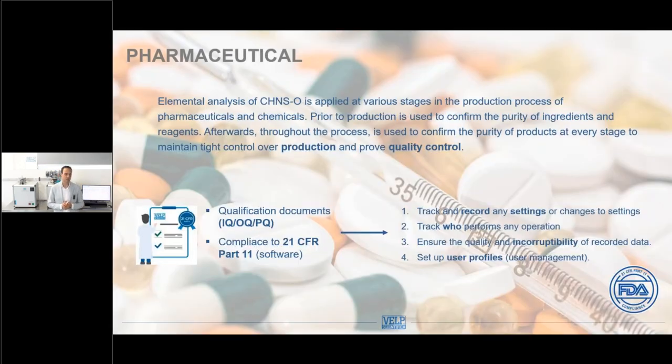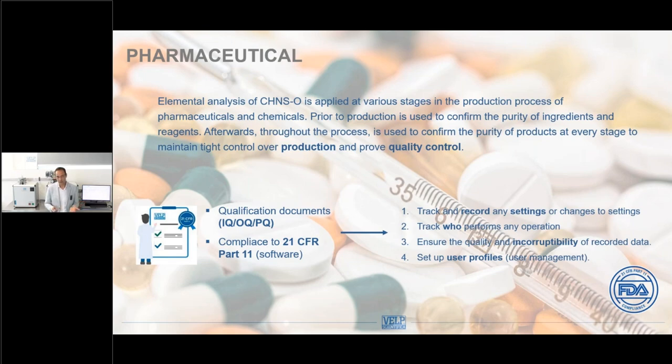Elemental analysis is also used in the pharmaceutical industry, both in production and in the quality control process. In this case, we also provide the IQ, OQ, and PQ (performance qualification) documentation, and software compliant with 21 CFR Part 11.